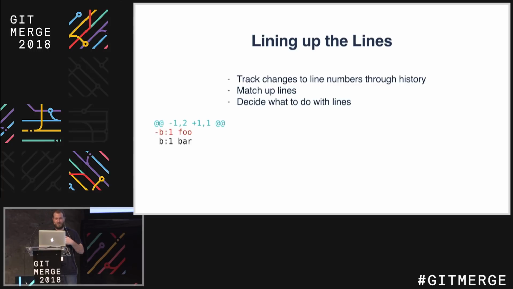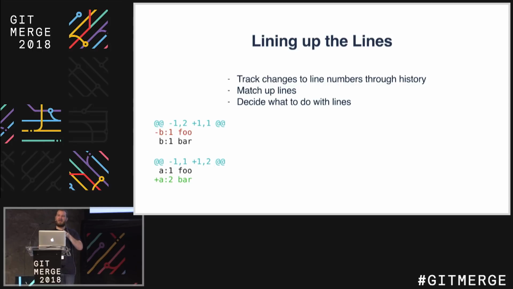So in theory, if you're walking through the DAG and you have an annotated diff here, and later in that same file you run into these changes, can we line those lines up and decide what to do with them? And you might look at the top annotated diff and say, oh, B1 bar, that doesn't seem to match any line in the other diff.